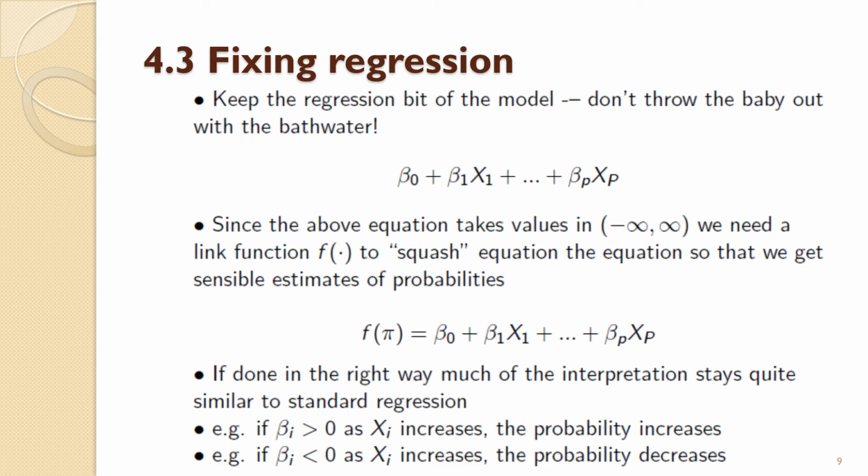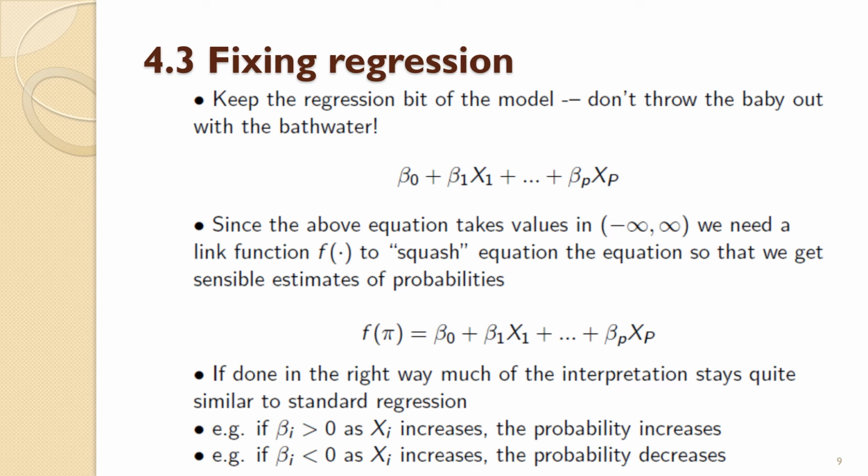So that some function of the probability is equal to beta 0 plus beta 1 x1 plus all the way up to beta p xp. Do this in the right way, and much of the standard interpretation remains the same. So you still have things like t-statistics, etc., and still do the same basic suite of hypothesis tests, but these things now refer to probabilities.